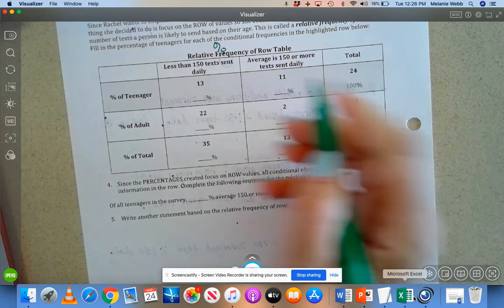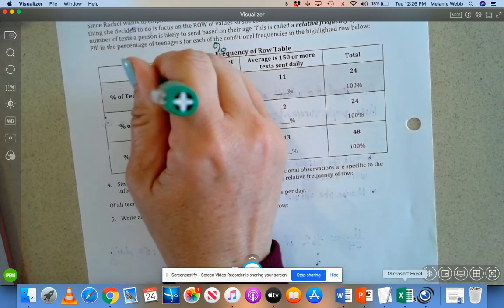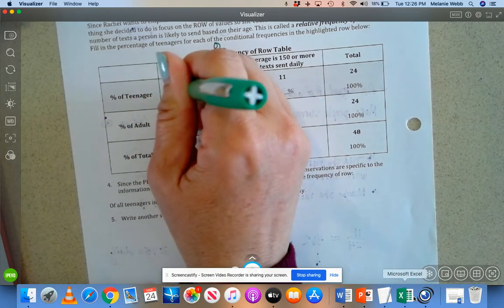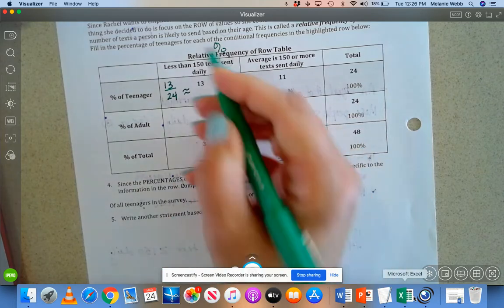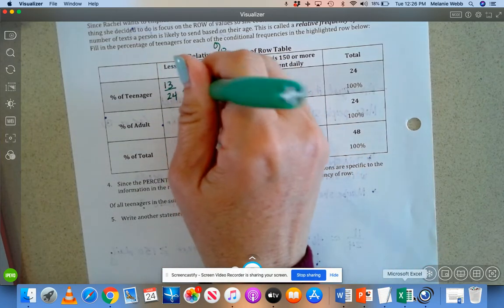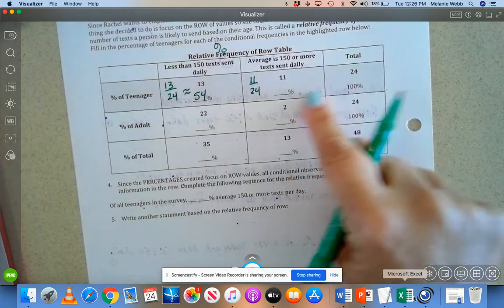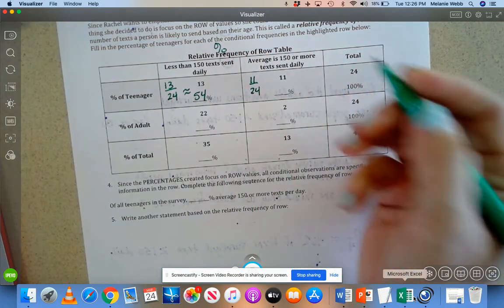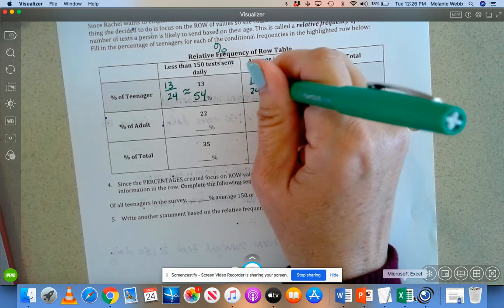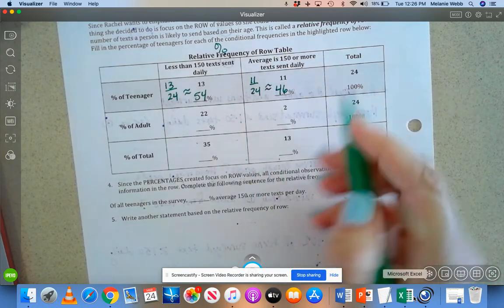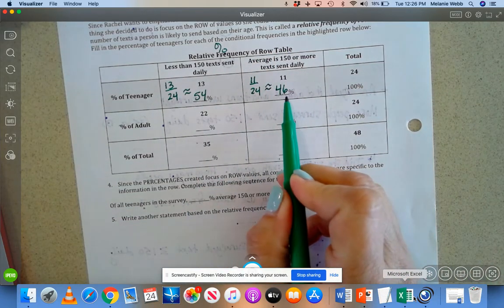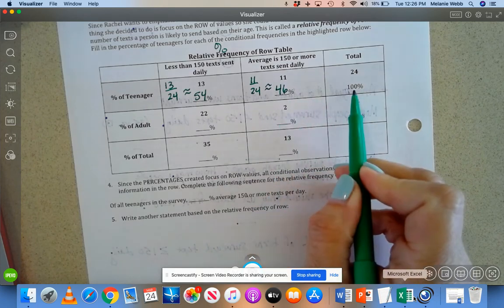So I want to know, what's 13 out of 24? Well, 13 out of 24 is about 54%. And 11 out of the total teens, 24, is about 46%. So see how 54% plus 46% is 100% of teens.